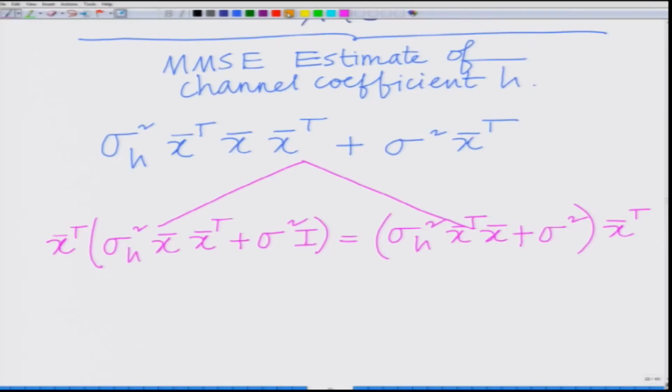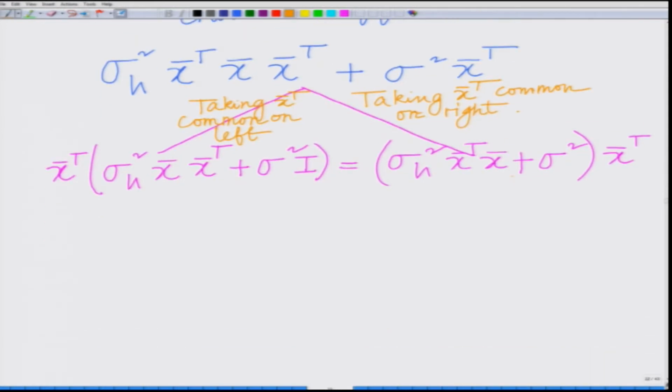Okay. So we can also mention this clearly over here: taking x bar transpose common on the left hand side, taking x bar transpose common on the right, and these two quantities are therefore equal. And therefore what does this imply? Now what I am going to do is multiply both sides by sigma h square.